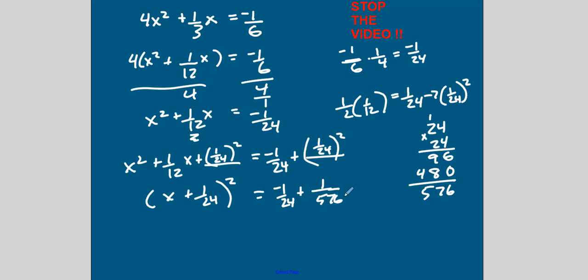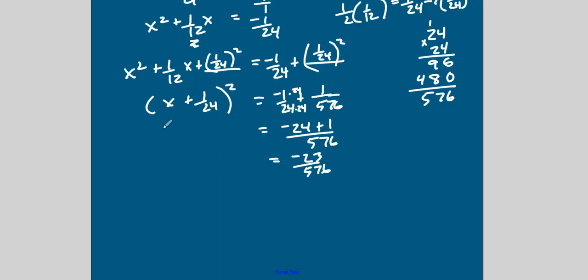So if I multiply negative 1/24 by 24 over 24, that's going to be negative 24 plus 1 over 576, which becomes negative 23 over 576. And then we're just going to bring this down. I'm not changing anything on the left side. So that's x plus 1/24 squared equals negative 23 over 576.